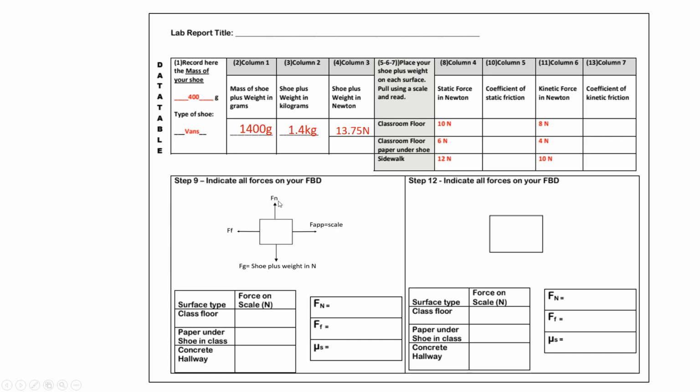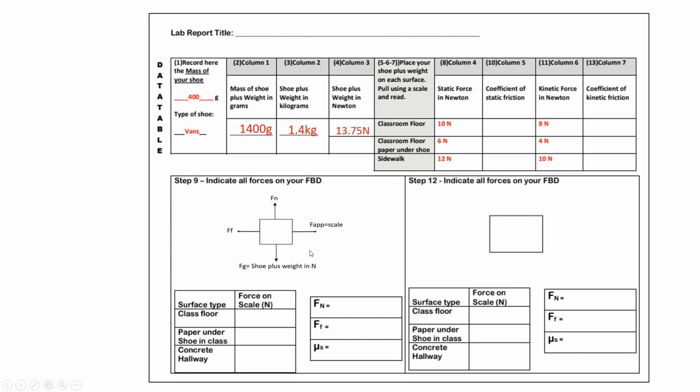Because the system is in equilibrium in this direction, Fg and Fn have the same value. And in the horizontal direction, we have the spring scale pulling the shoe, which is our applied force. And now we have the friction force, which is opposing the motion, and we are going to represent it by Ff.